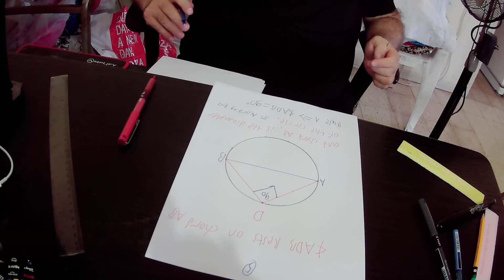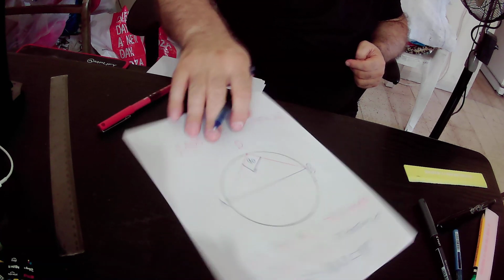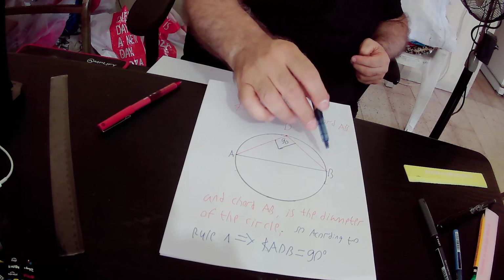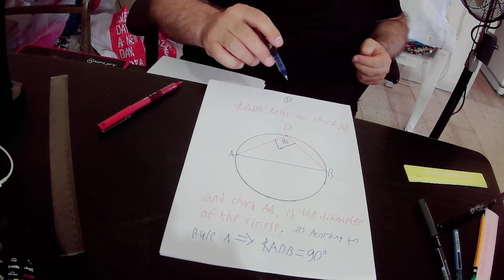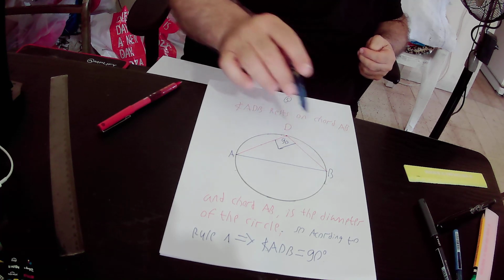So that is the explanation of rule number 1. We have peripheral angle ADB that rests on chord AB, and chord AB is the diameter of this circle.